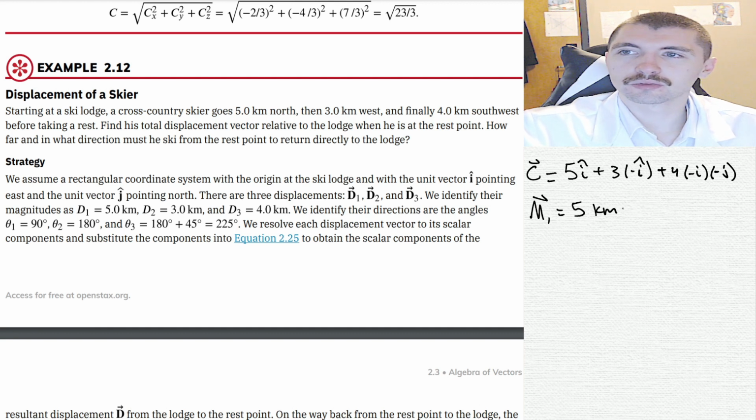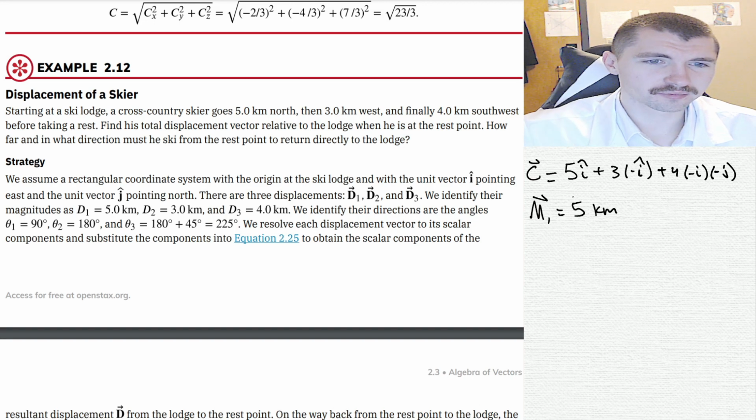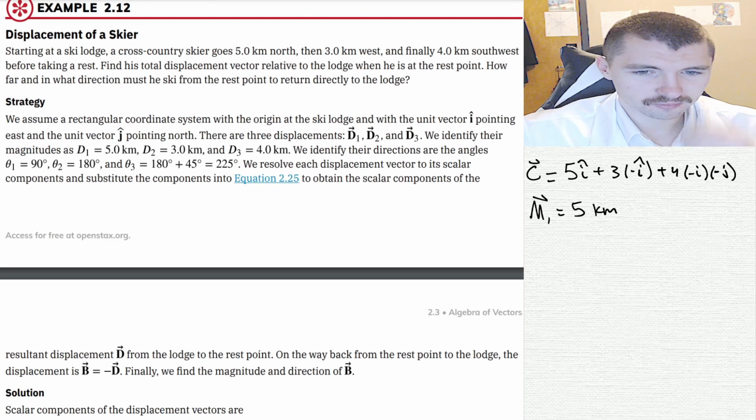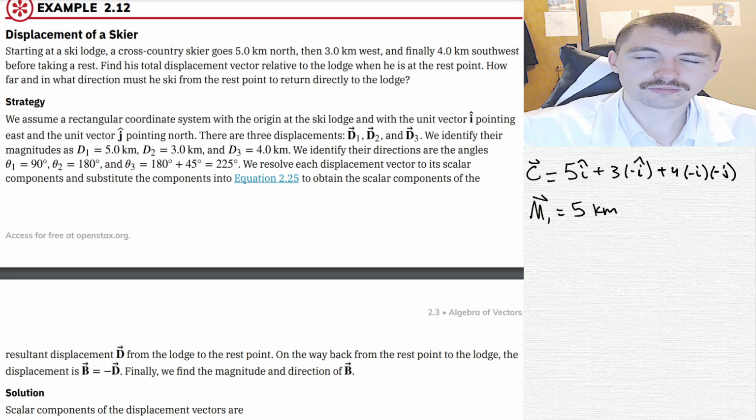All right, so this is just another way. So we need to find... do we need to find the magnitude of each? I think. All right.